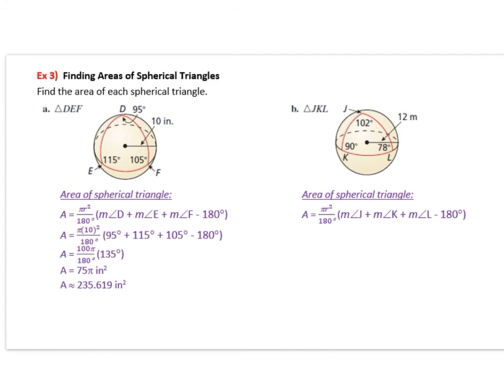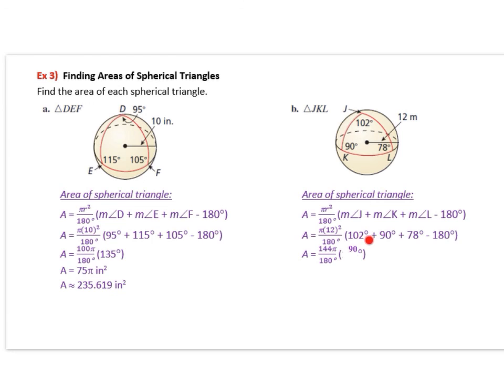Alright, let's take a look at example B's area of triangle JKL. So first set up your formula. So A equals pi r squared divided by 180 degrees times the sum of the measures of angles J, K, and L minus 180 degrees. Substitute all the values that you know. We know that the radius is 12, so 12 squared. And then 102 substituted for the measure of angle J, 90 degrees for the measure of angle K, and 78 degrees for the measure of angle L, all minus 180.